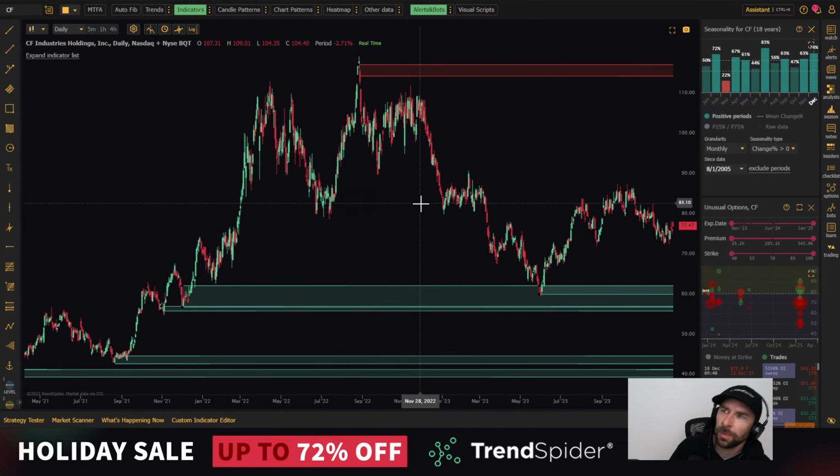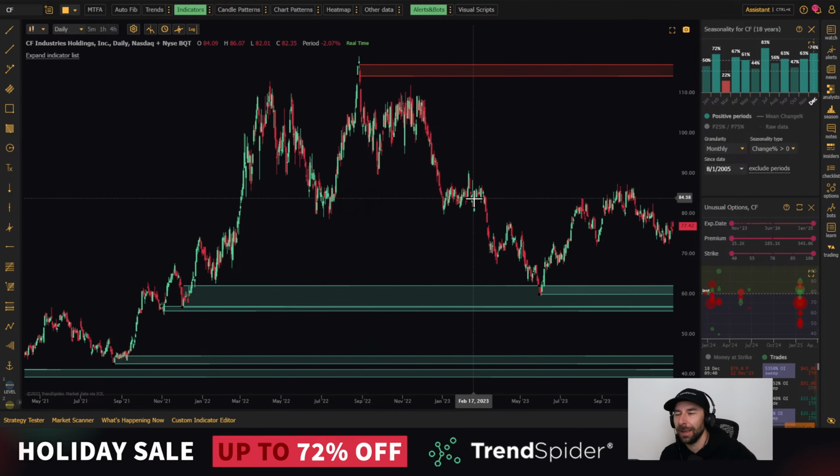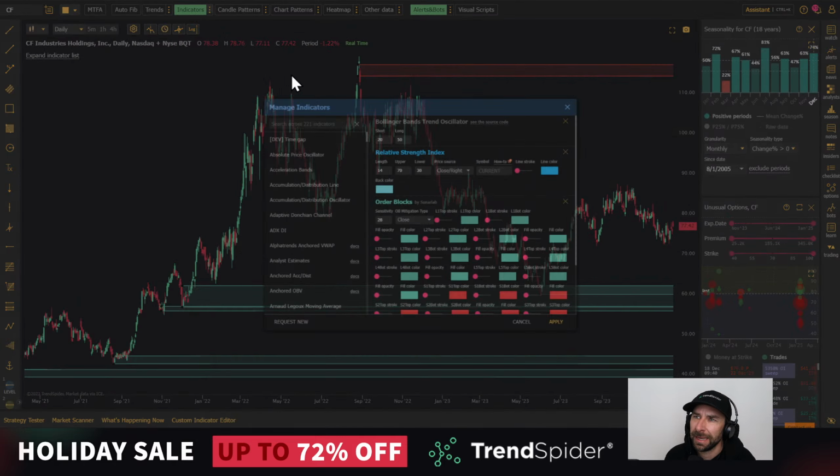The thing about order blocks that I do like is that they tend to align with important swing areas, like important swing highs and lows, right? Because they are specifically identifying the last candle in an uptrend or a downtrend, right? So they kind of work in tandem.